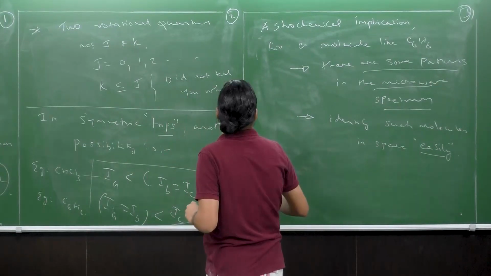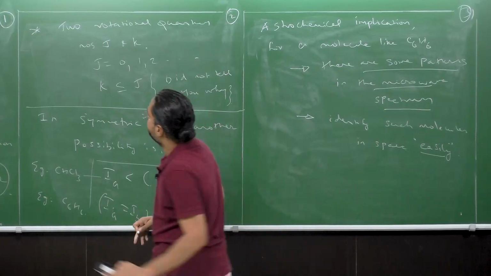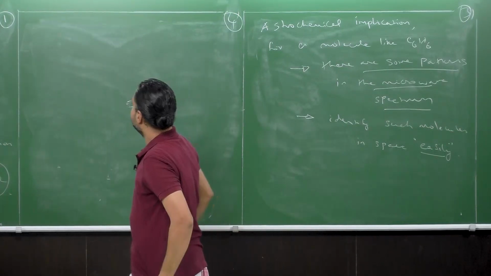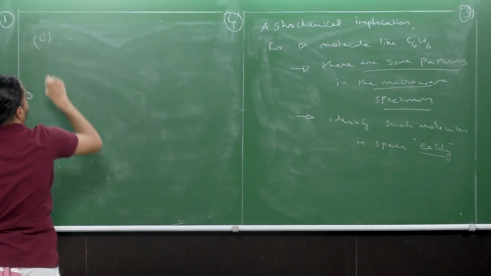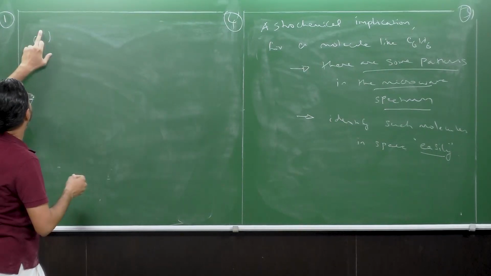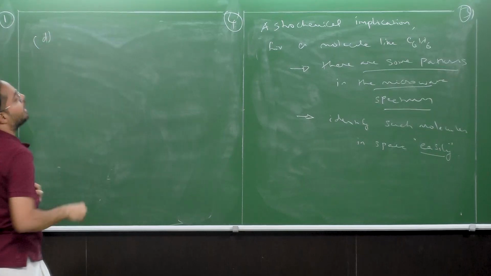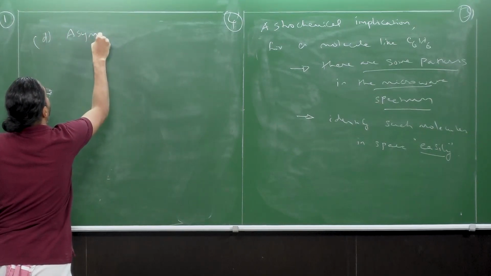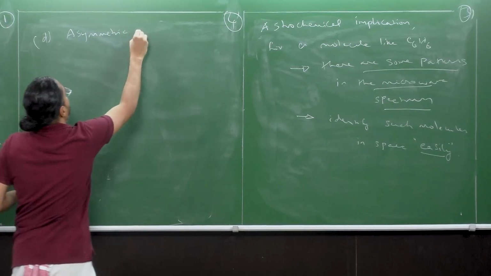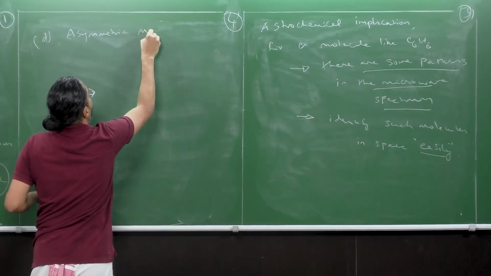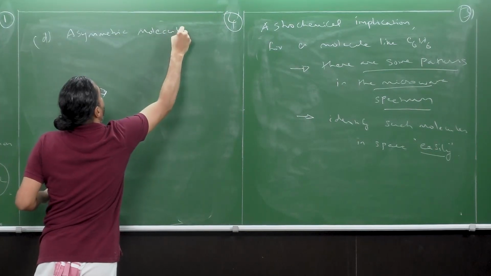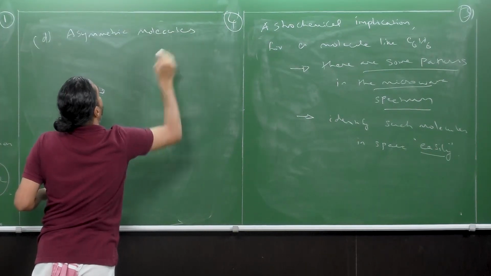The next class of molecules, I'll delete this part now, and the last class of molecules is what is called asymmetric molecules, or tops.